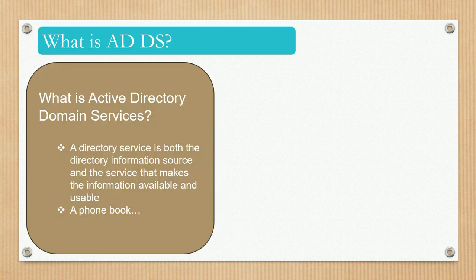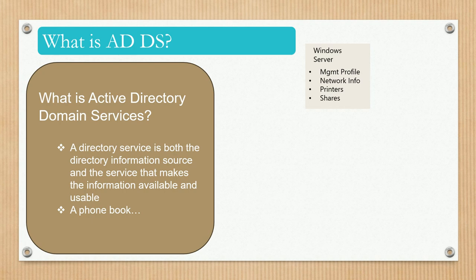Now let's move on to what ADDS, Active Directory Domain Services, is. As I explained about Active Directory services, it is a centralized solution to manage your identities, in the sense of users, computers, your printers, all of which come under identity. And what are the features?